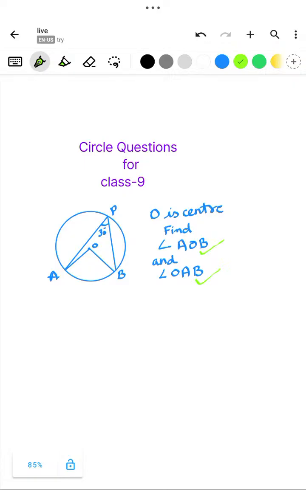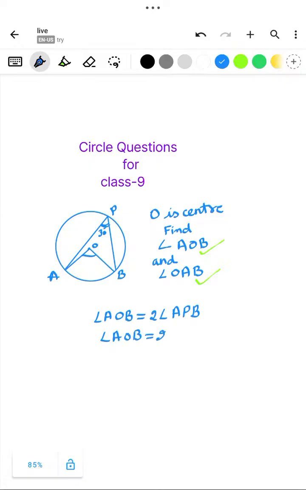So as we know that angle at the center is twice of this angle. So angle AOB is twice of angle APB. Now angle AOB we have to find out.